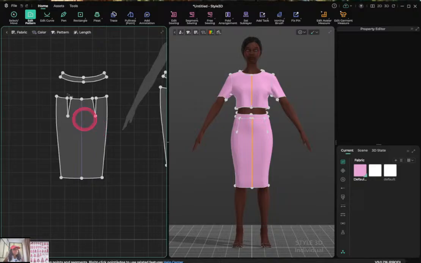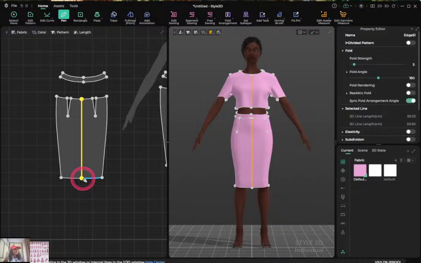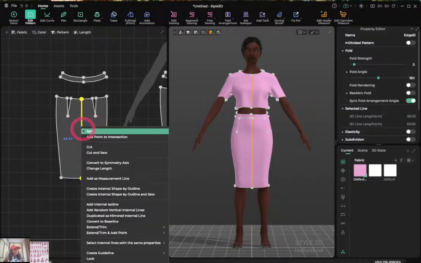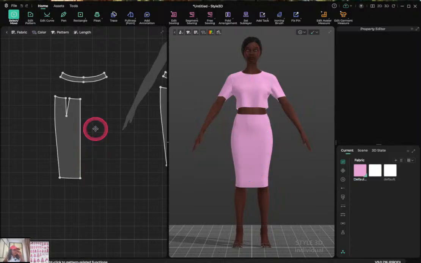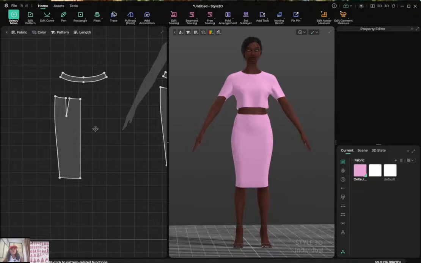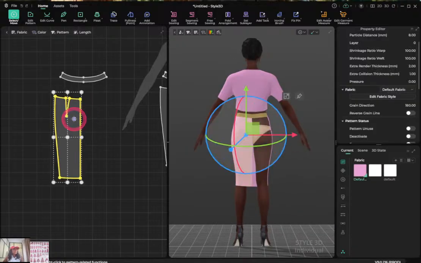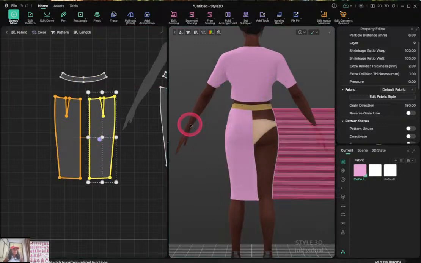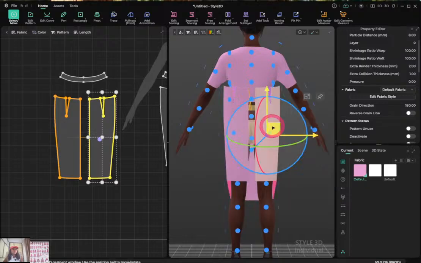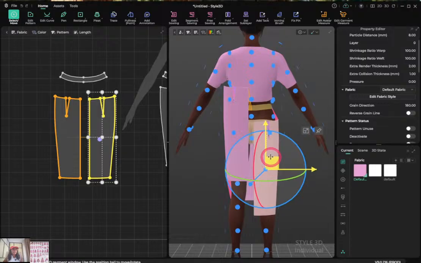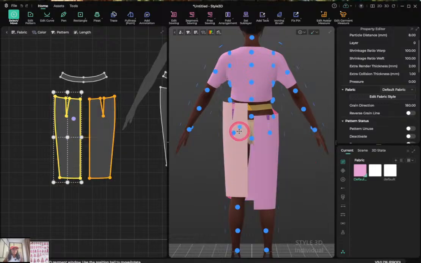Cancel axis, go to the pen, and then separate this line, cut, and remove one side, and right click symmetrical pattern with sewing, and then yep, it's going to come. Position it to where it should be, and then make sure that the sewing is right.